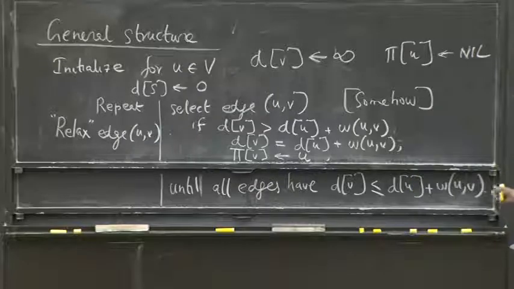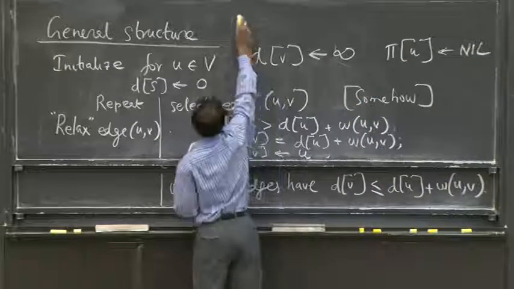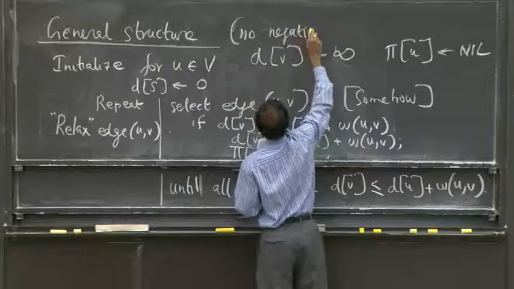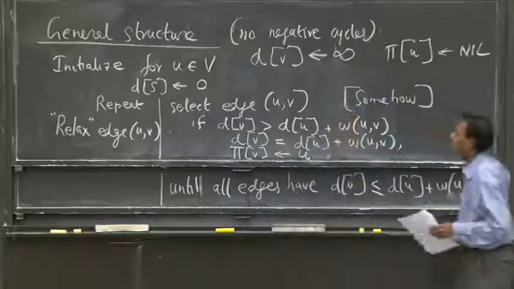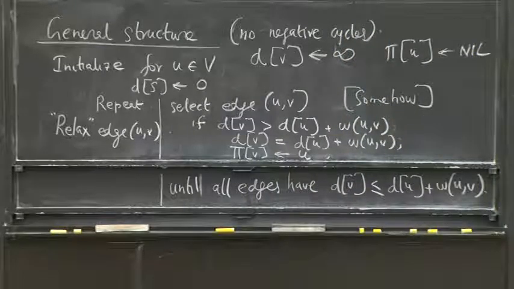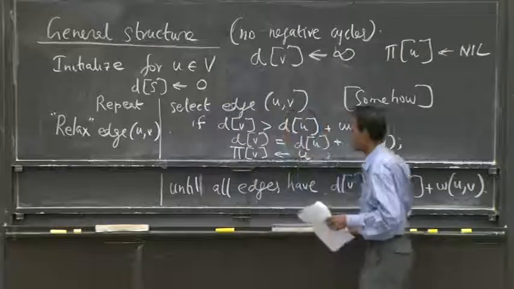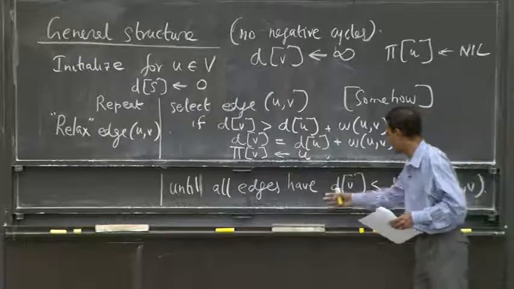Okay? And the assumption here is that you have no negative cycles. But we need a different structure. The notion of relaxation is still going to be relevant, but don't think of this structure as being the structure that Bellman-Ford uses, or that algorithms that can handle negative cycles use.